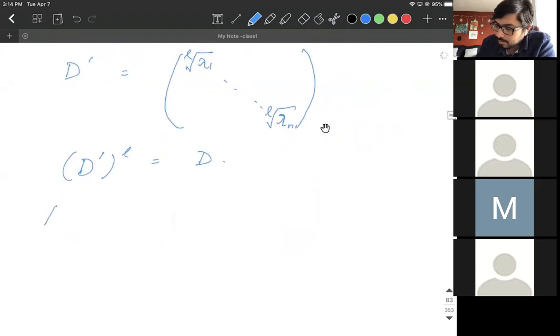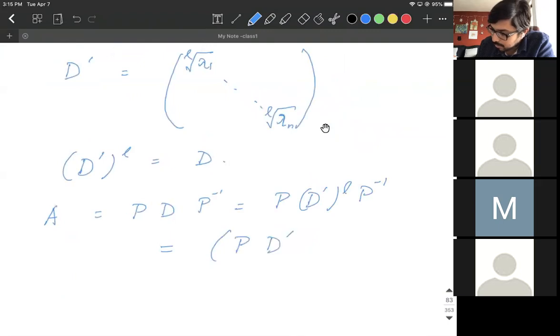And then you have A equals P D P inverse. So this is P D prime to the L P inverse, and this can be written as P D prime P inverse to the L. So then this particular matrix is your root.